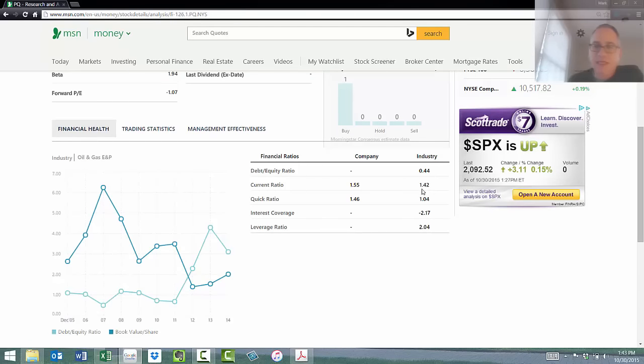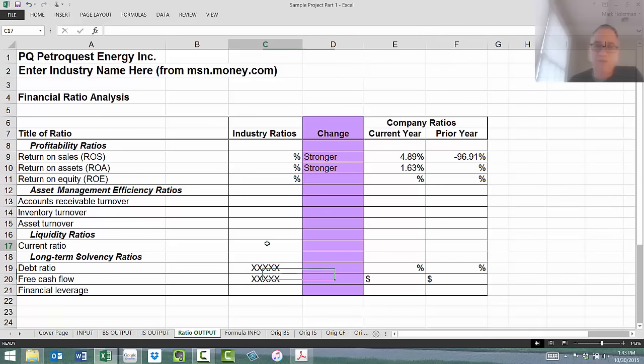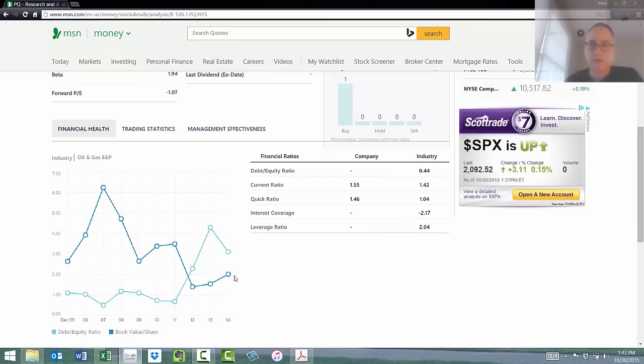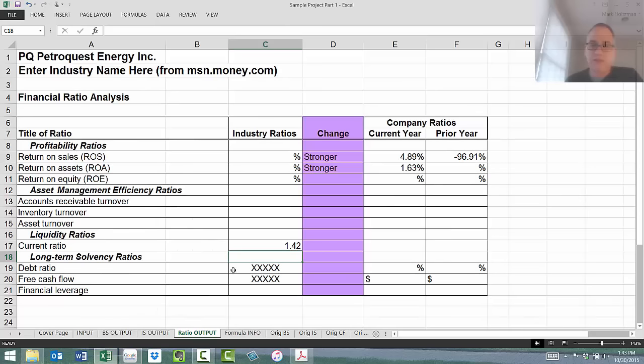At the bottom, you just scroll down a little bit, you'll see industry average ratio. So for example, here's a current ratio. For the industry it is 1.42. Leverage ratio is 2.04. That's in the industry.